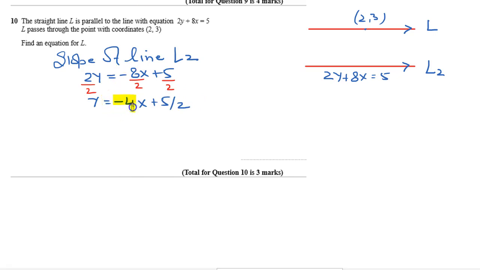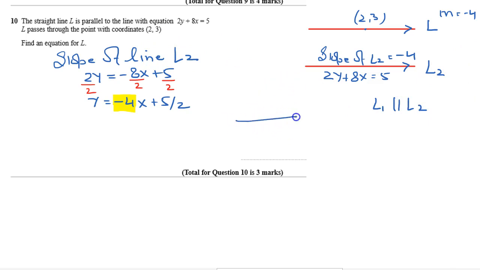So this slope is negative 4. So the slope of L2 is negative 4. So the slope of L1 will also be negative 4 because L1 is parallel to L2 and parallel lines have the same slope.